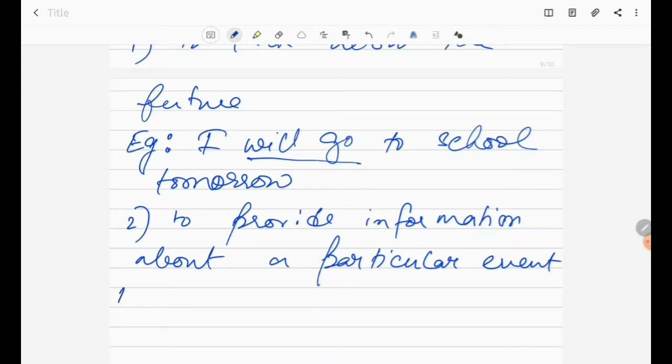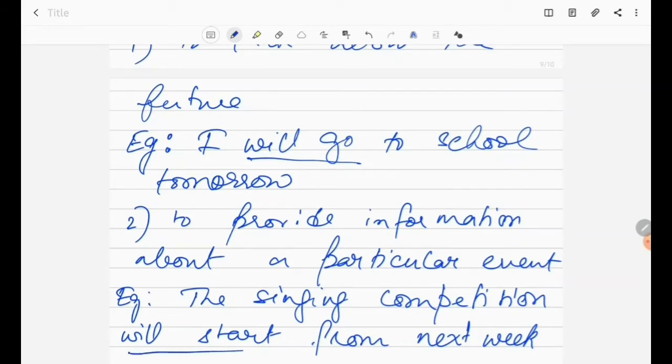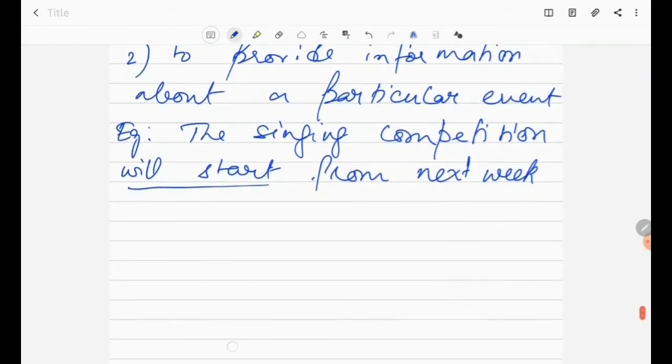Like the singing competition will start from next week. Here it is giving some information about a particular event which will be happening in the future. So the singing competition will start from next week.